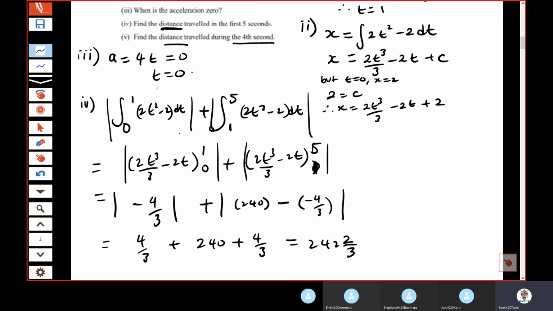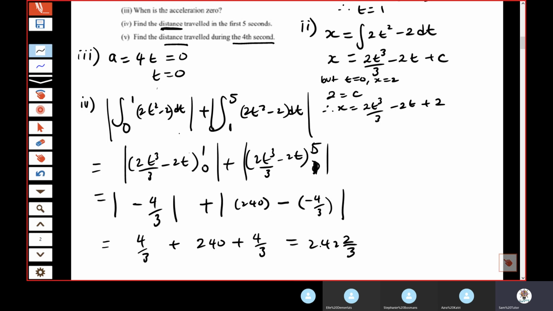So that means 4, 4.1, 4.2, 4.3, and so on. That's during the 4th second. So I'm saying you would find the distance up to the 5th second, which is here, minus the distance up to the 4th second. When you're subbing in 4, you're finding it up to 4, like 3.99 and then 4.